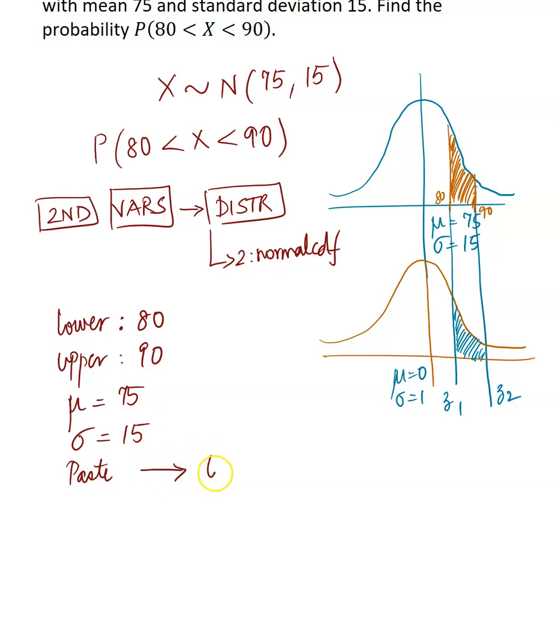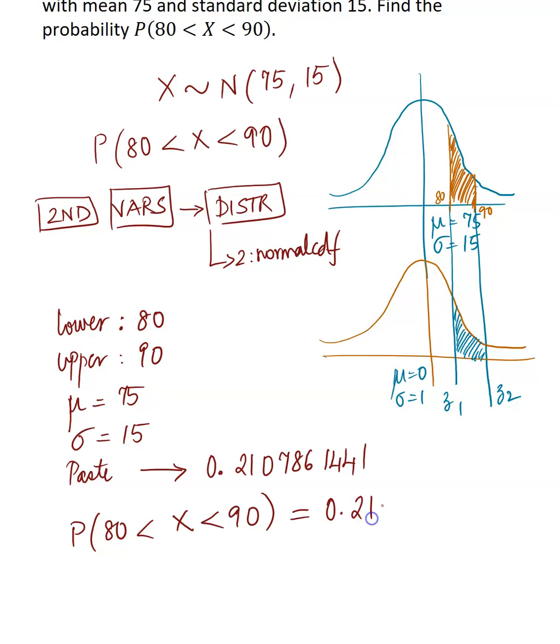So that gives us 0.2107861441. Again, this is the probability, right? So then I'll just write the final answer: 80 less than x less than 90 is approximately 0.2108.